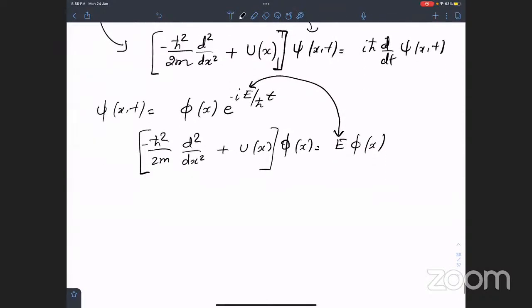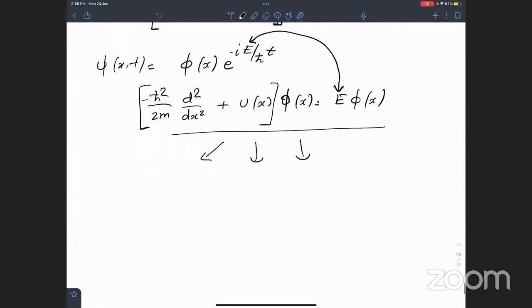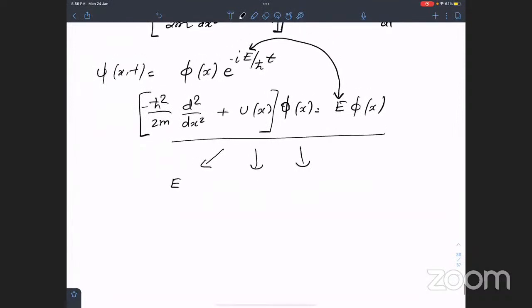In general, this equation will have multiple possible solutions. Each solution is characterized by one eigenvalue, maybe E1, E2, E3, and so on.